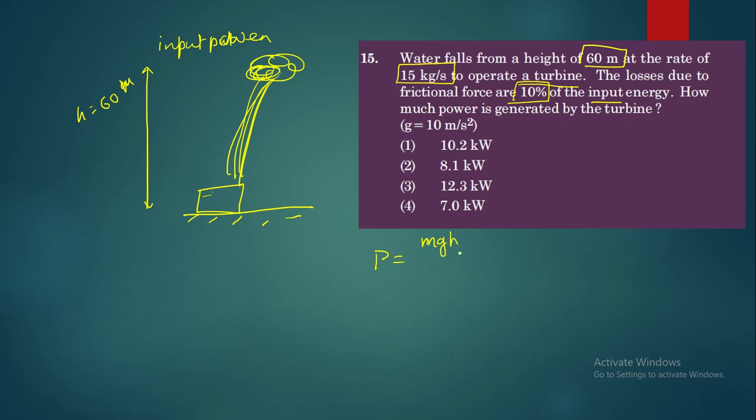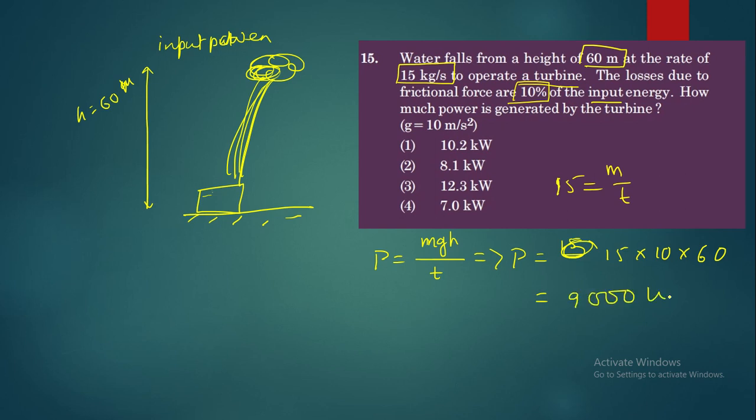So energy at a height of 60 meter will be the potential energy. So mgh by t is the total power of the input. This is equal to 15, where m by t is the amount of mass per unit time, so this is 15 into 10 into 60. Thereby this will be equal to 9000 watt.